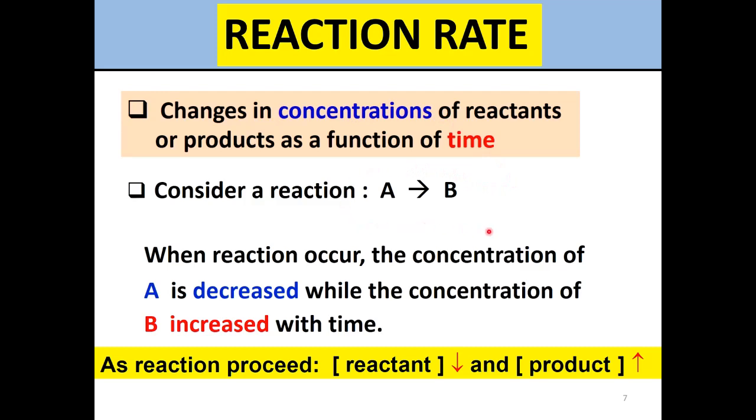Let's say we consider a reaction A to produce B as a product. When the reaction occurs, the concentration of A decreases and B will increase with time. So that means as the reaction proceeds, the reactant decreases and the product increases.